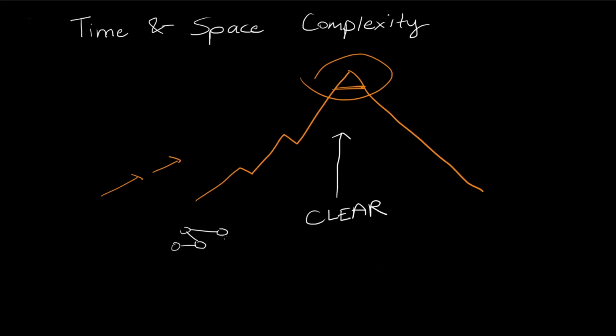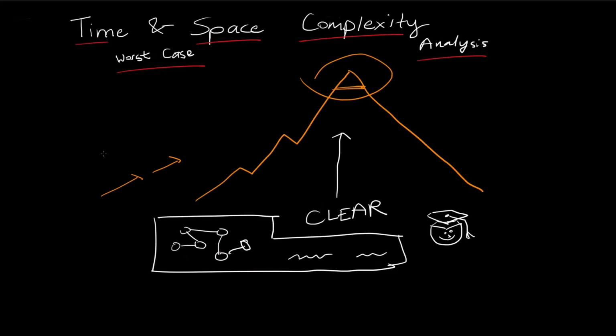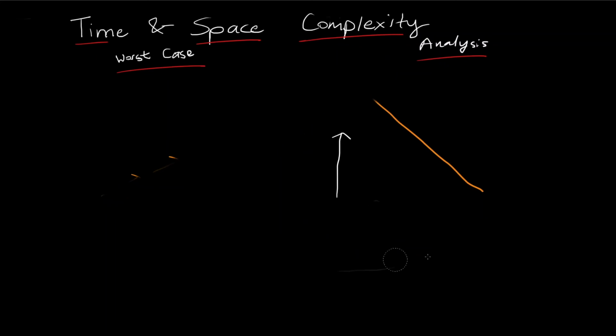With enough of these examples and diving into code, you will soon find yourself becoming an expert in analyzing data structures and algorithms, and at some point you'll be happy that you were able to take something that sounded really hard to say, time and space worst case complexity analysis, and are able to tell people what that is in the simplest terms possible.